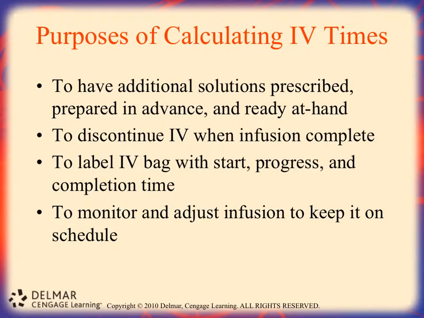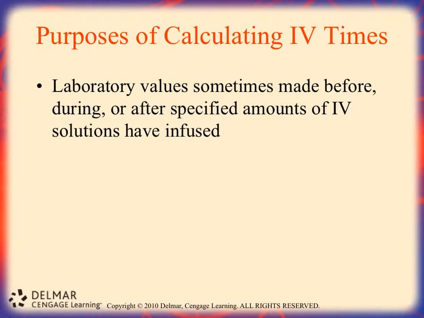And then on the next slide, sometimes laboratory values, labs, are drawn before, during, or after a specified amount of IV solutions have infused. For example, we will draw peak and trough levels on antibiotics at times. Well, those have to be drawn at very specific times in relation to when the antibiotic has infused.